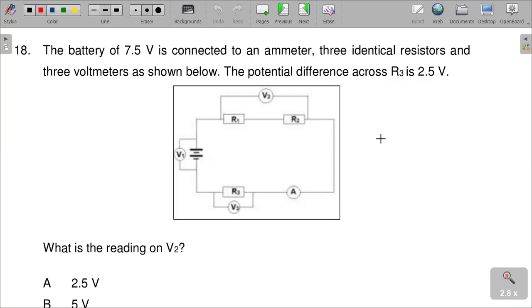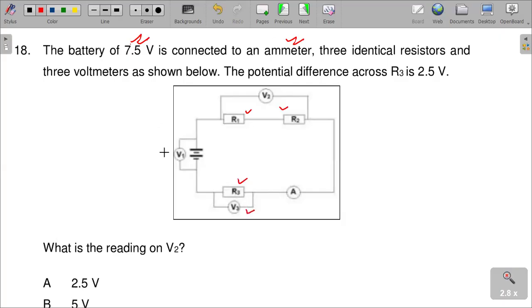The potential difference across the resistors is 2.5 volts, and 3.5 volts. We can see all of them are resistors and voltmeters.